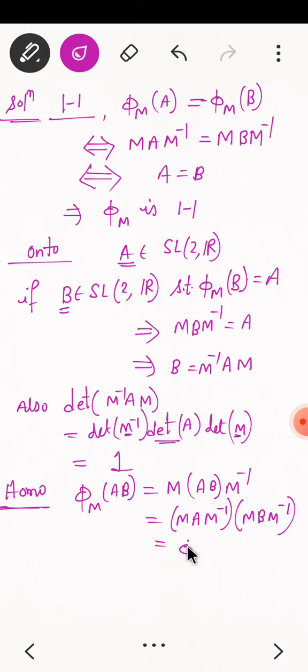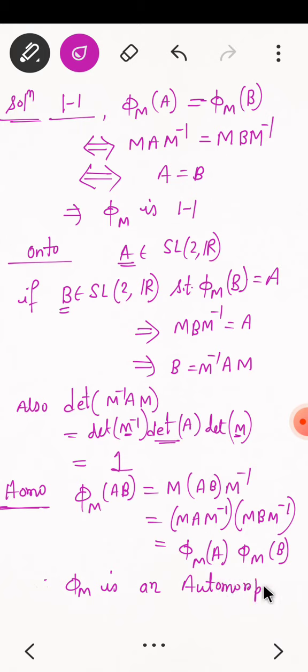So this is equal to phi M of A times phi M of B. So phi M is a homomorphism, so phi M is an automorphism. This type of automorphism we know as the inner automorphism of the group SL2R induced by the element M.